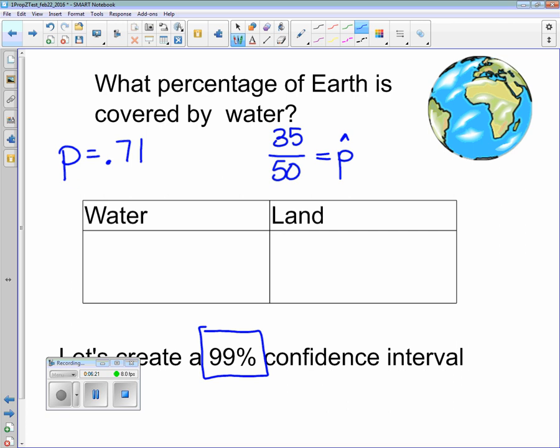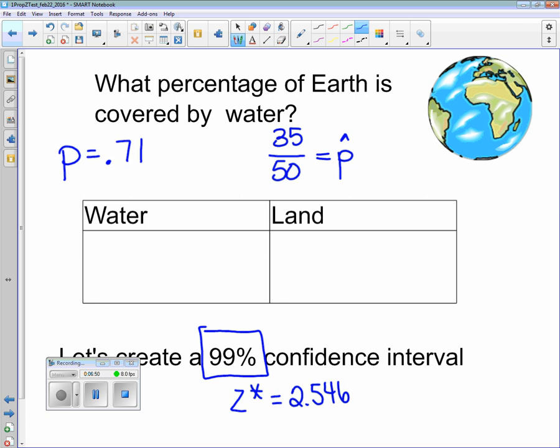In the formula, 99% tells us we're going to find the z star. Do you remember what it is for 99%? 2.576, something like that. Okay, good. So this is kind of a refresher. We did this last class.